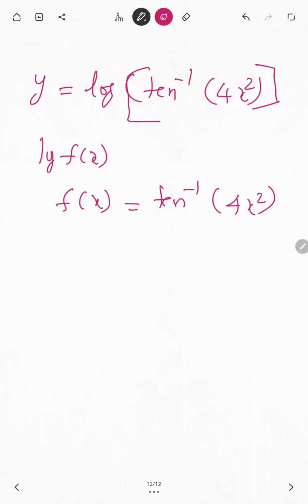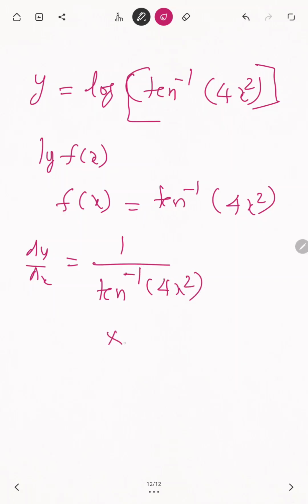What is the rule telling? dy by dx is equal to 1 by function, 1 by tan inverse of 4x square, 1 by function, into what? Differentiate tan inverse x. It is an inverse function. What is the inverse function formula?